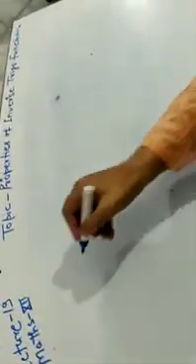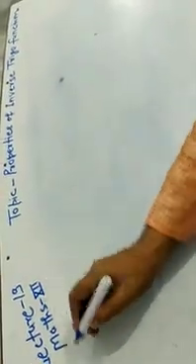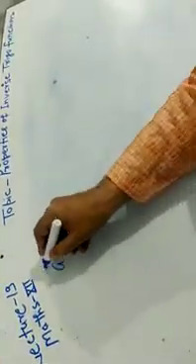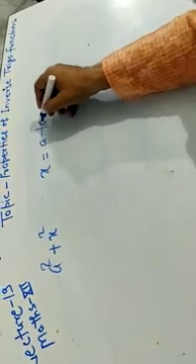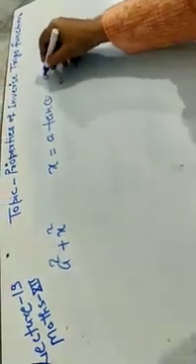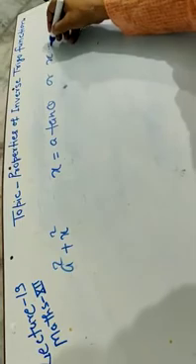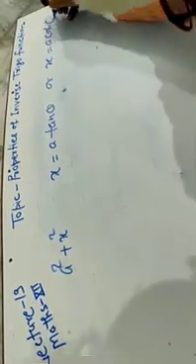Some assumptions you should also learn. If the expression is in the form of a squared plus x squared, you assume x equals a tan theta or x equals a cot theta.